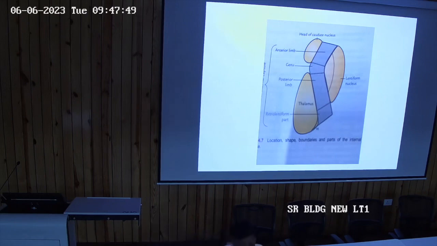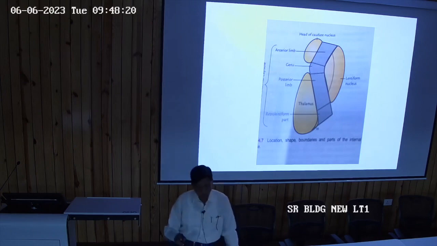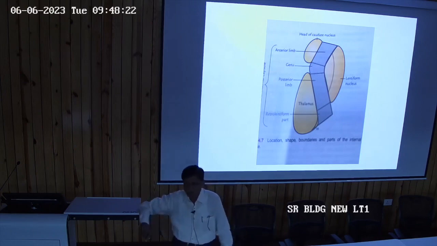Only 150 students are good. The rest of the students are behaving like school boys. When the teacher is standing, they are walking out. Good. Why are you behaving like that? I want to see how intelligent you are. So get ready for all that. Complete part of head and neck and complete part of brain.